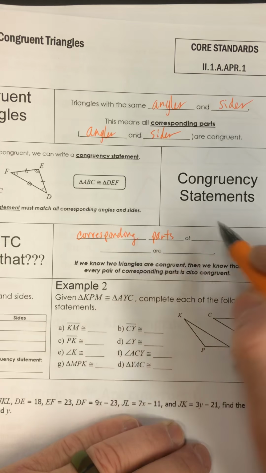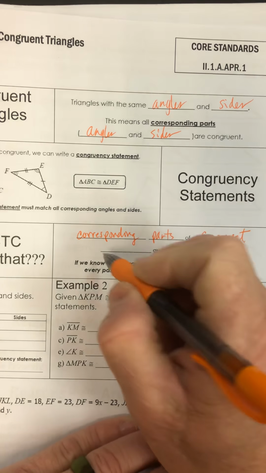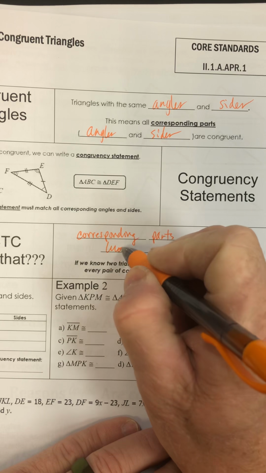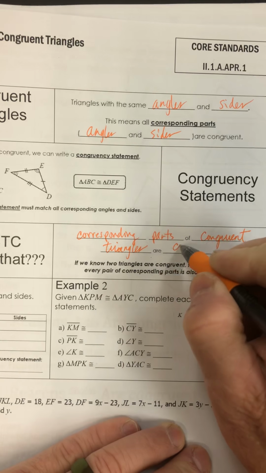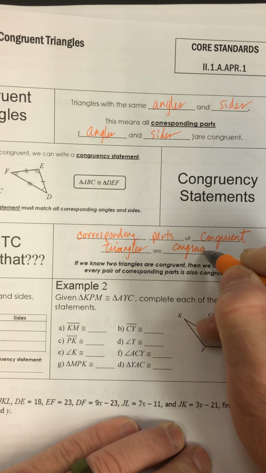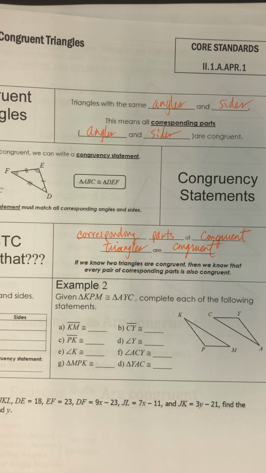So the corresponding parts of congruent triangles are congruent. First, you have to know that the two triangles are proven to be congruent. Then you know that their parts are congruent.